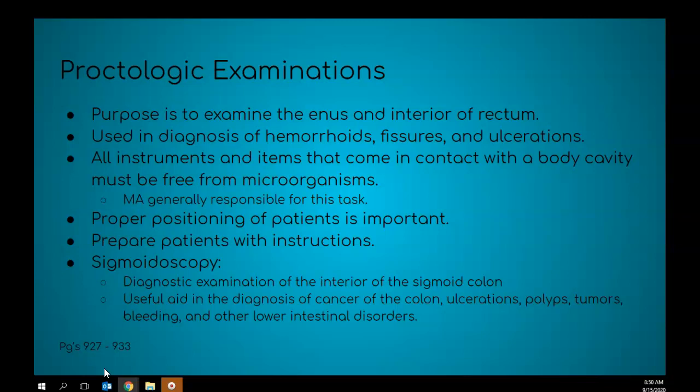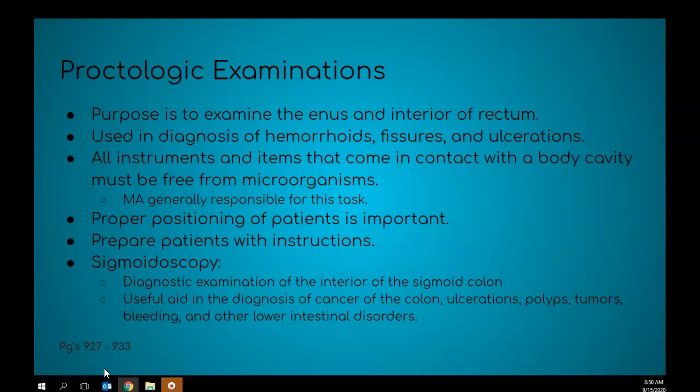Medical assistant is generally responsible for this task. As an MA, it's your job to make sure that the instruments you're using are sanitized and sterilized appropriately. You also have to properly position the patient, which is why we talked about positioning in the chapter before. That's why I gave you all these flashcards on Classroom so that you can see what positions patients need to be in for certain procedures.